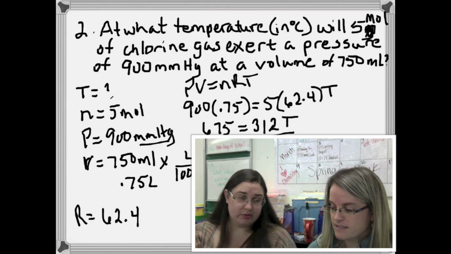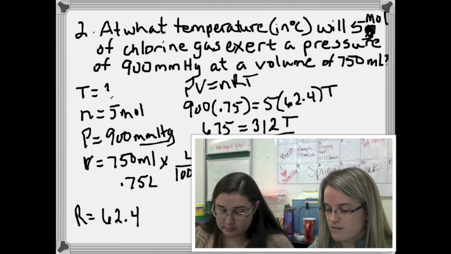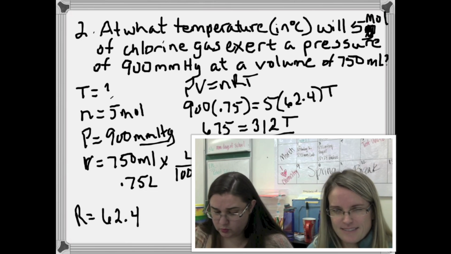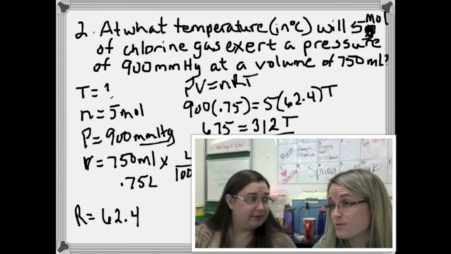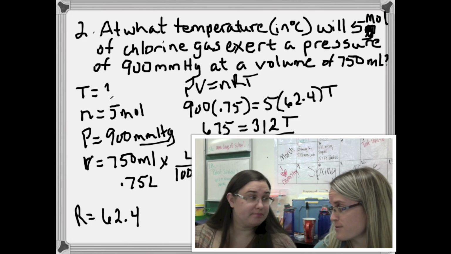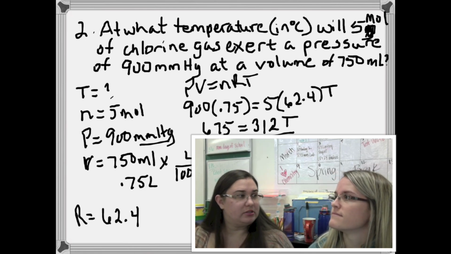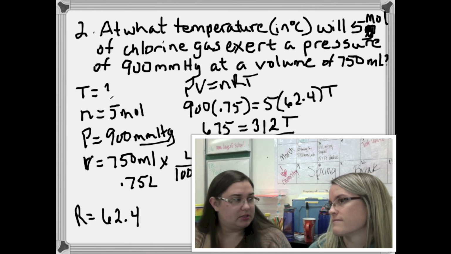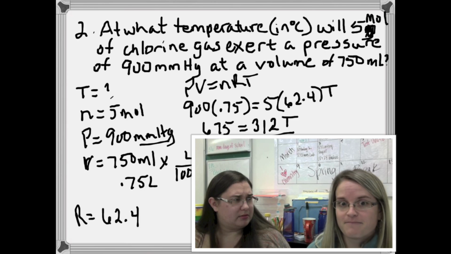But that's not what it was asking for. It was asking for Celsius. So what do I have to do? I added 273 to get to Kelvin, so I need to subtract it to get back to Celsius, right? Yes.